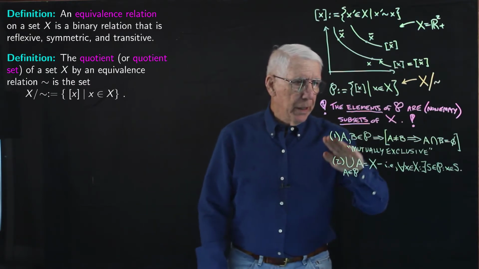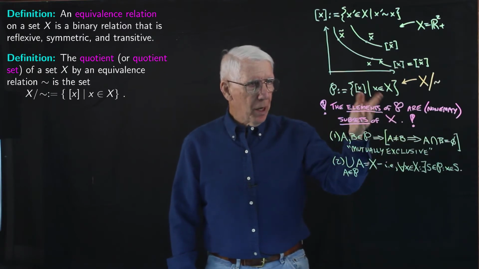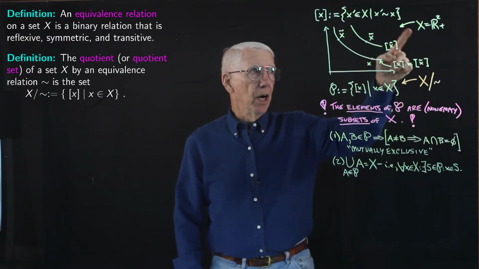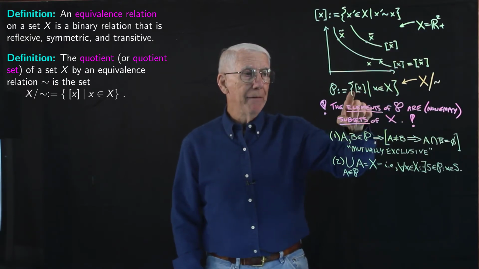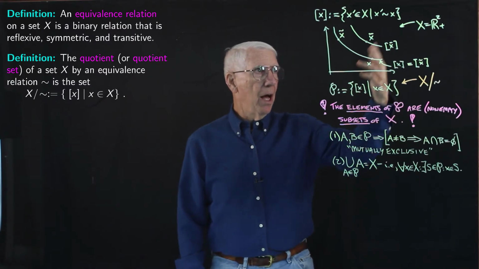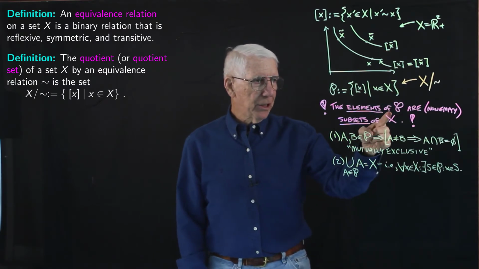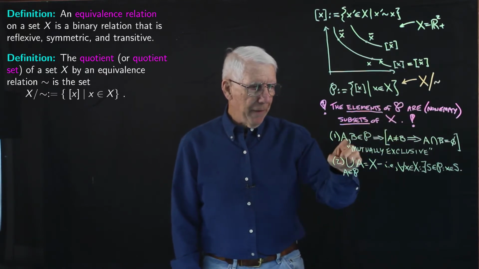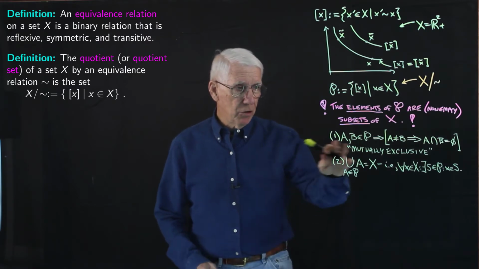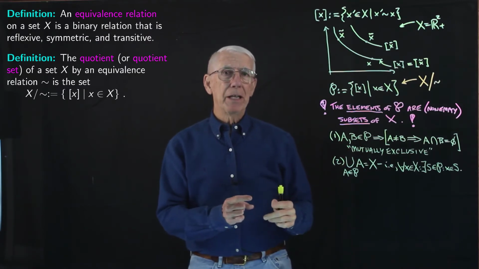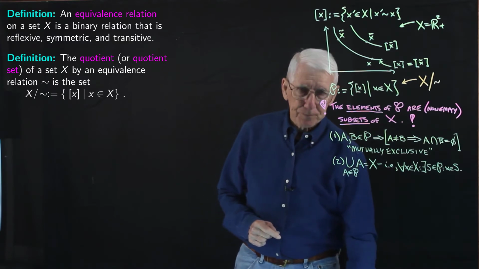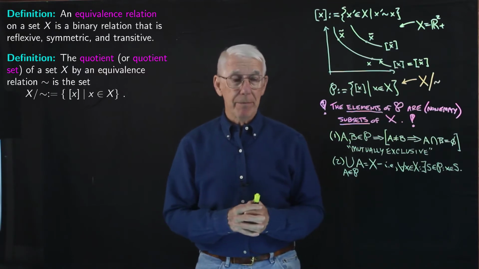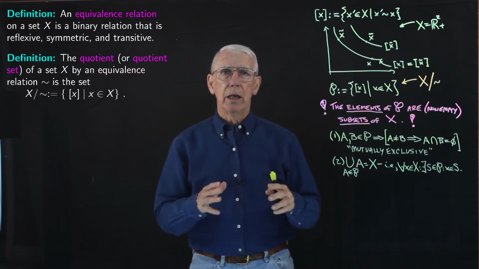So whenever we have a collection of subsets of an underlying set, and that collection of subsets, call it P, are non-empty, and they satisfy these two conditions, they have these two properties, that is something that occurs in mathematics and in economics, but I'd say especially in mathematics, over and over and over.